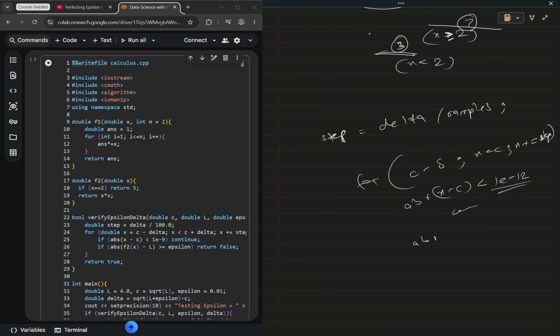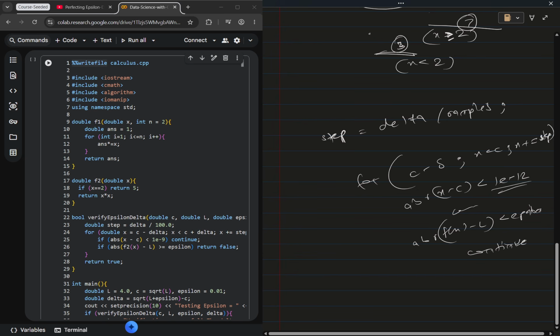And suppose there is a function f(x) minus L, so for the function you can obviously write less than epsilon, then you can return true. Not true, we can basically continue this, and if there was no problem we can return true at last. Otherwise, if there was some problem, let's say this was greater than or equal to epsilon, then we can return false directly over here.